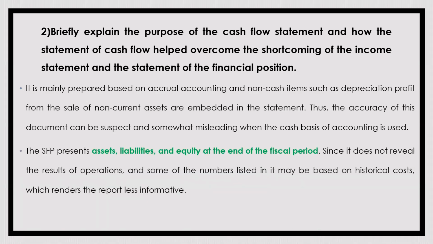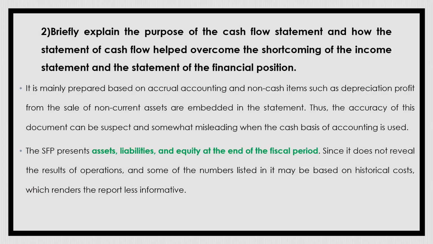Then SFP. SFP means the statement of financial position. The statement of financial position represents the assets, liabilities, and equity at the end of the fiscal period. You know that in the statement of financial position, we write statement of financial position as at a particular date. That means we are taking a snapshot on that particular date itself.